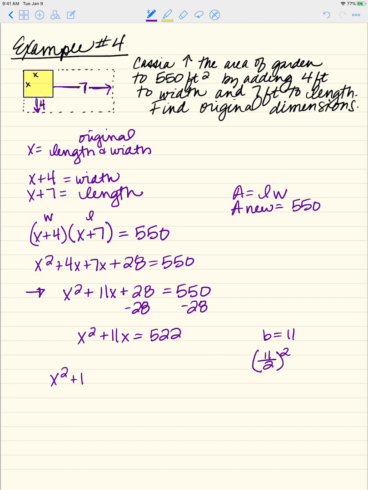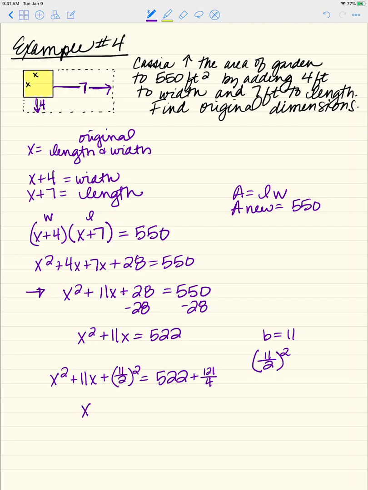X squared plus 11x plus 11 over 2 squared is equal to 522 plus 11 over 2 squared, which is 11 times 11 is 121. 2 times 2 is 4. Okay, now I can factor the perfect square trinomial on the left.